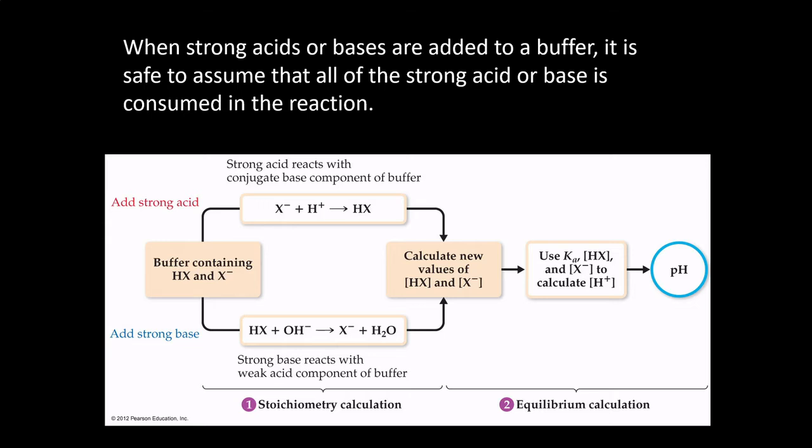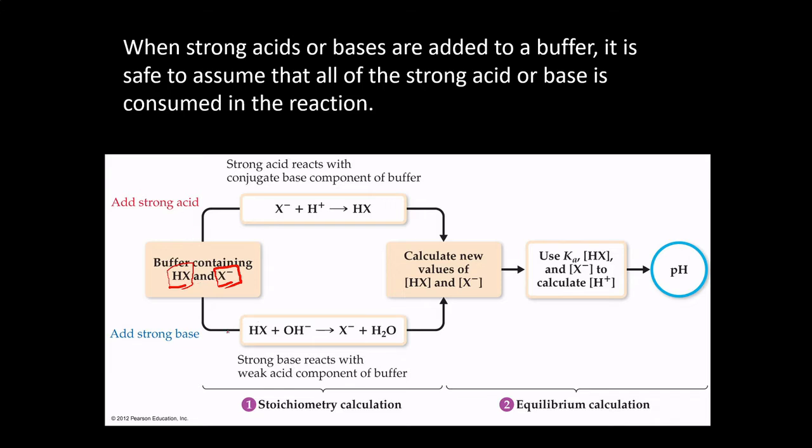So what we're going to do is we're going to start with some information about the buffer. So we should know these two values here. We should know how much of the acid we start with, and we should know how much of the conjugate base that we start with.